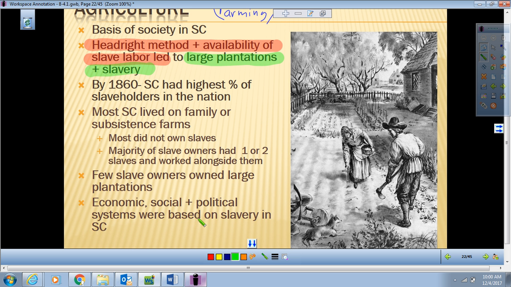Even though South Carolina had the highest percentage of slaveholders in the nation, most South Carolinians were subsistence farmers. What was the percentage of slaveholders in South Carolina? Anybody remember? Was it big? It was the biggest. It was the largest in the country, but it wasn't that big.